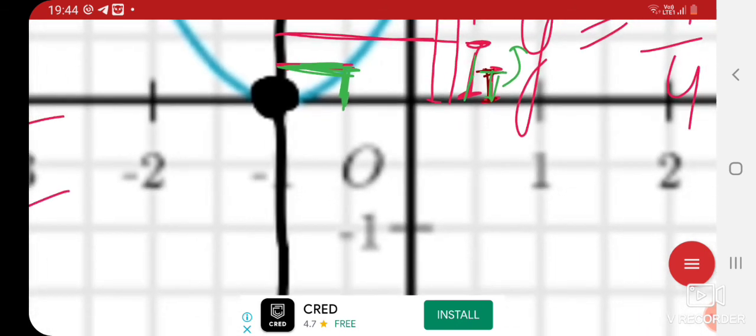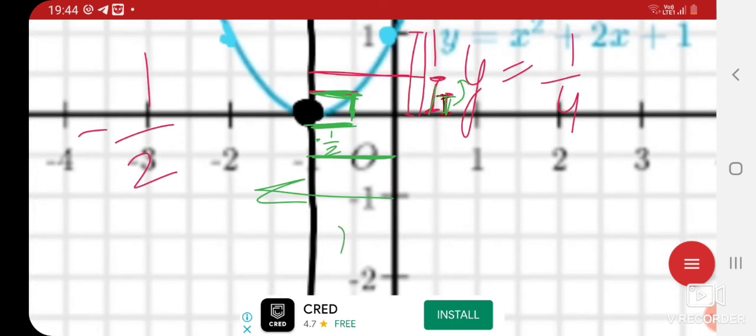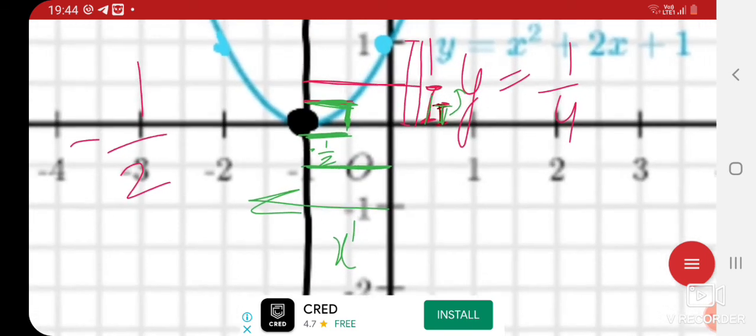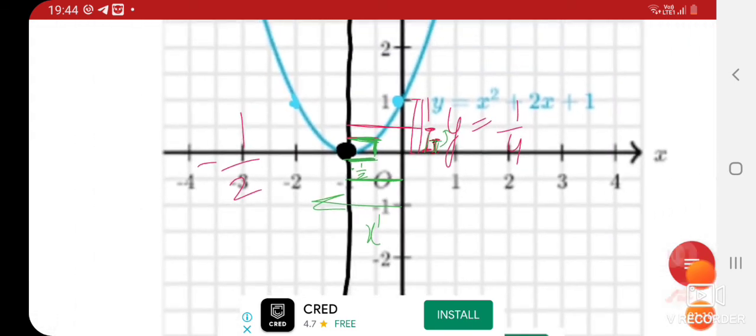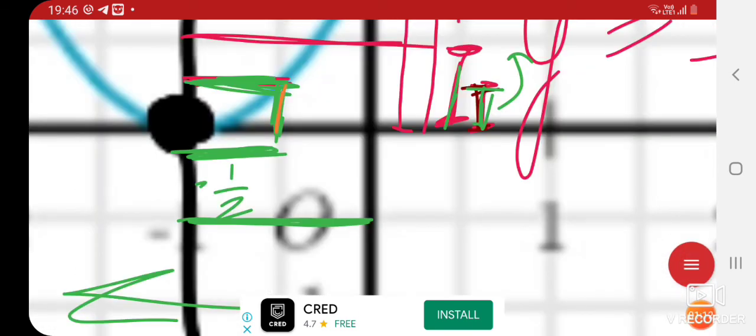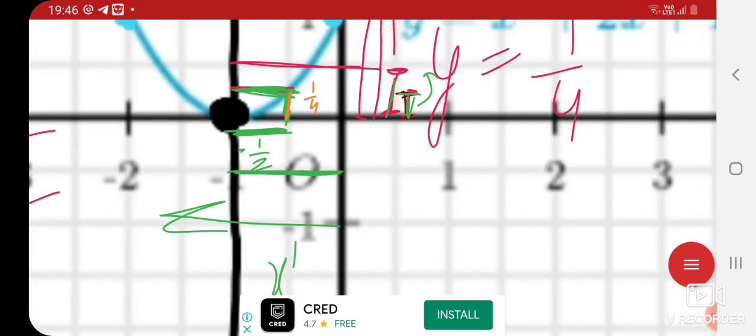We know that this whole is 1, that means this will be 1 by 2, and as it is in the x dash axis direction, this will be negative, okay? So as this distance is 1 by 4, the directrix will be located at the same distance from this line. The distance is 1 by 4. That means from this line the same distance will be in the downward direction also.